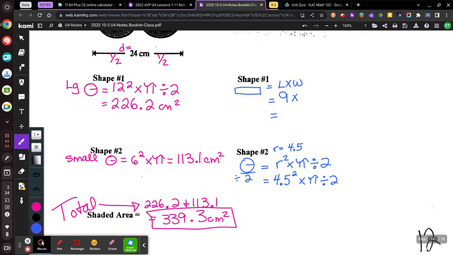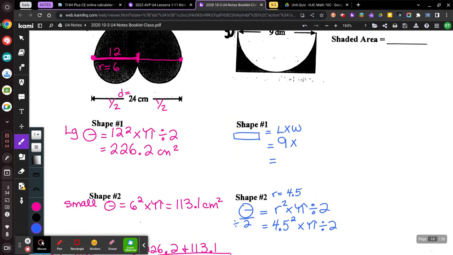So that 4.5 shows us that's our radius here. Radius is half of that, 4.5. Well, that 4.5 then is on this side and it's on this side. So that means I have my length and my width now. So now my width is that 4.5. It comes down.